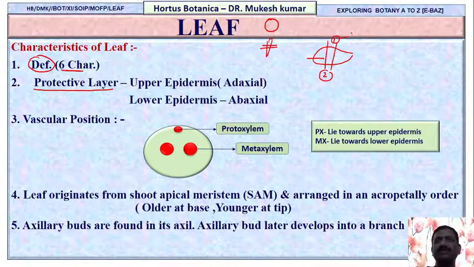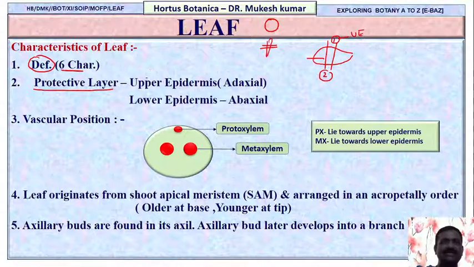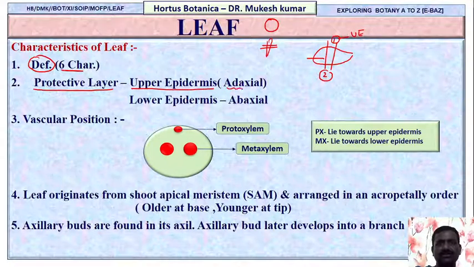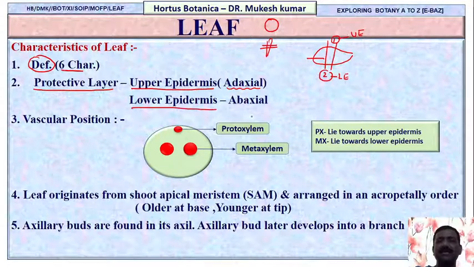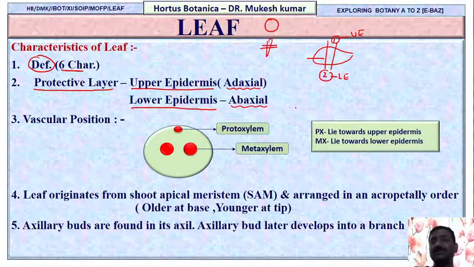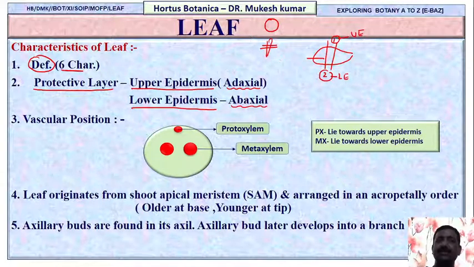This upper one is called the upper epidermis, and it is also called the adaxial surface. The second one is called the lower epidermis, and it is also called the abaxial surface. So we have two surfaces: upper one adaxial, lower one abaxial. These are two protective layers, where we also have the cuticle layer.